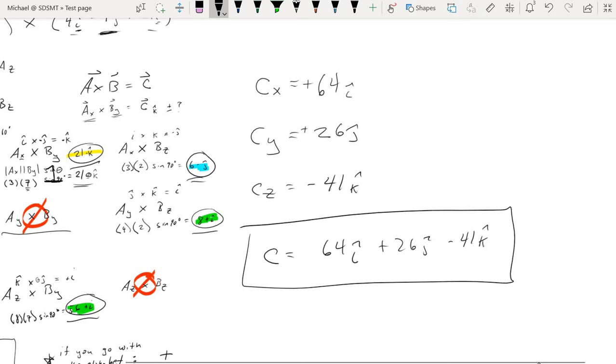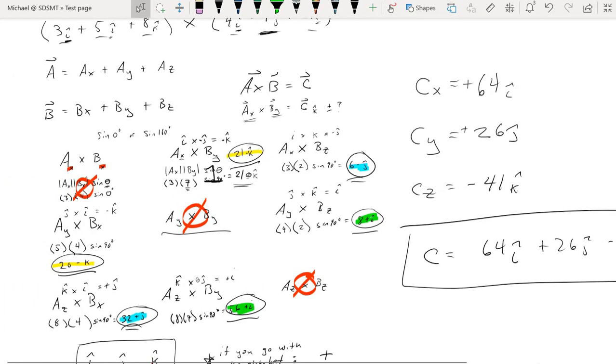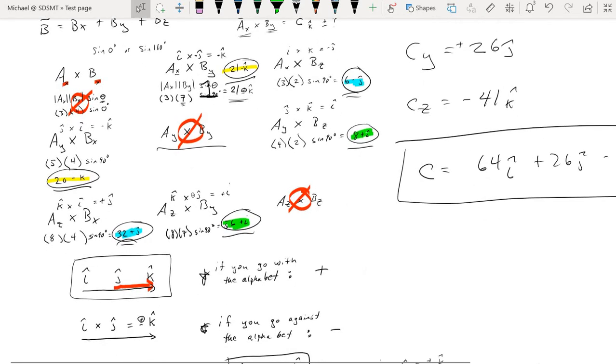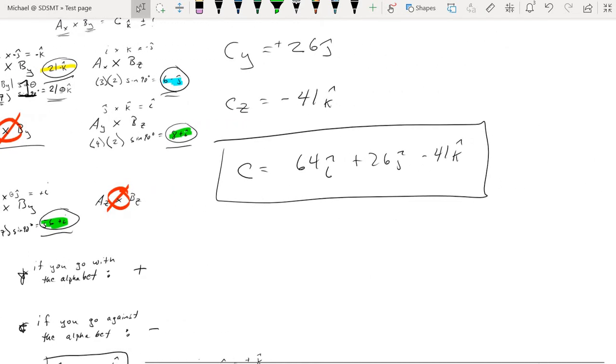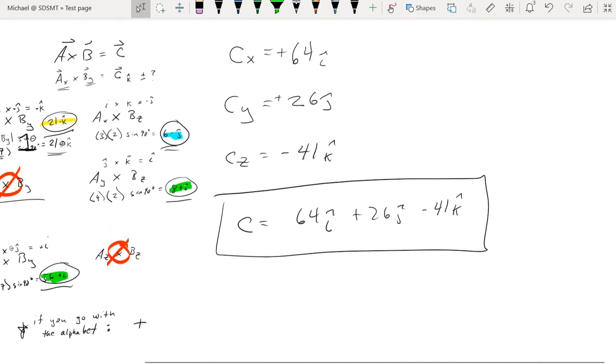And even though this looks like a really drawn out way of evaluating a vector, there's one really good outcome to this. If you remember, we tried evaluating this using the angle relationship between vectors a and b, and we said, well, we have no idea what that angle is between those two vectors.